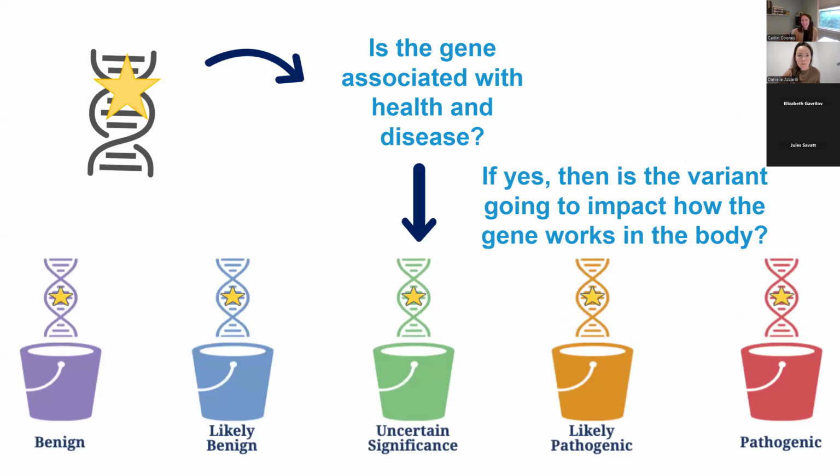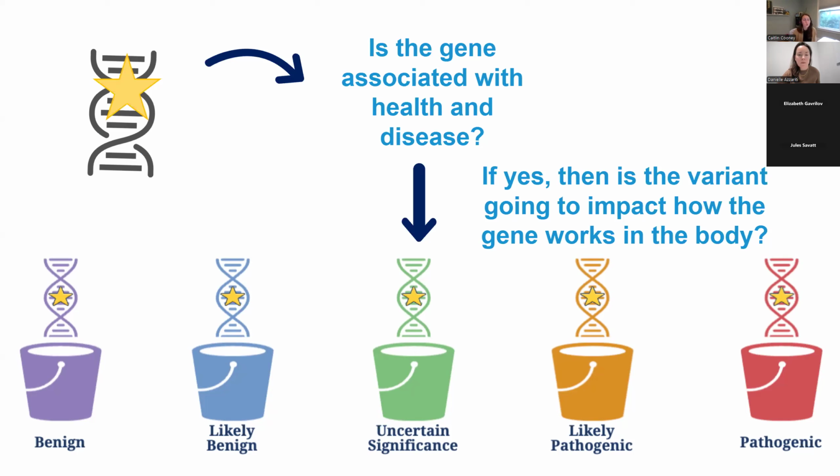So all this is just to go over the types of variants that can be identified. And once a genetic testing laboratory identifies a variant through testing, the next step is to interpret that variant, or try to determine if this change impacts how that gene works in the body, and if that change could be associated with a health condition or developmental differences.